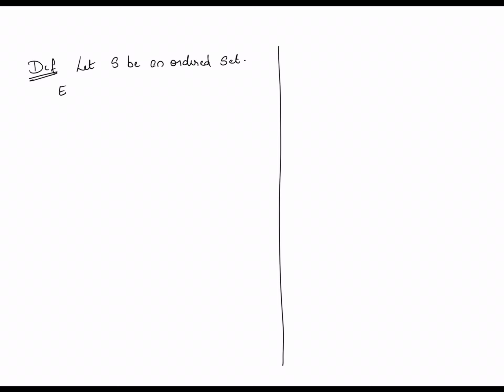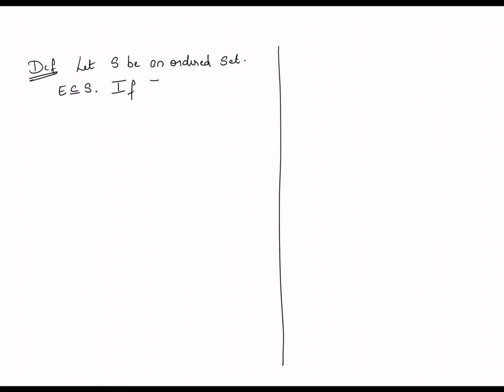Okay, so I'm going to do these upper and lower bound definitions in parallel. Suppose you have an ordered set S, and suppose you have some subset E of S. Okay, now I'm going to define what it means for the set E to be bounded from above.